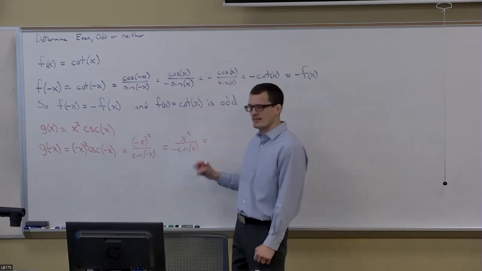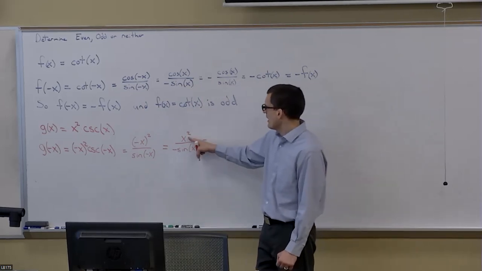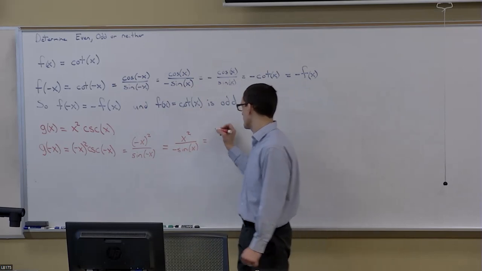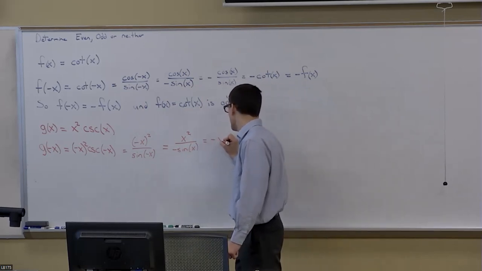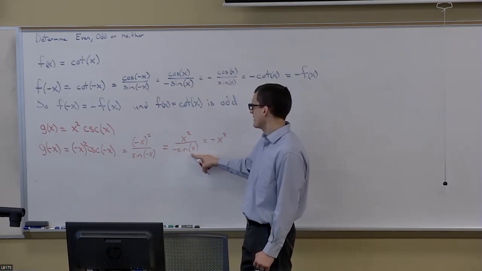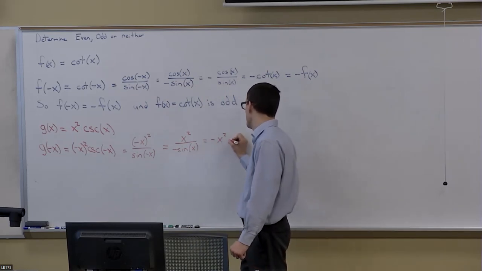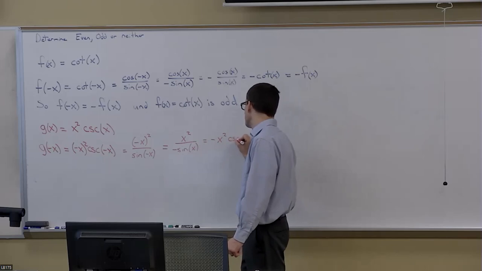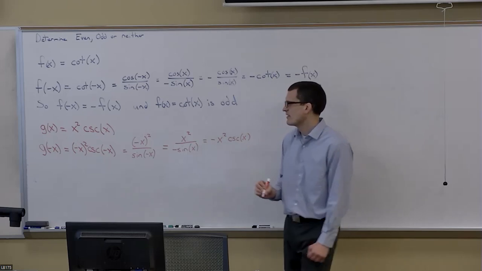I'm going to rewrite this. X squared, I have a negative sign, so I can go to negative x squared, and I'm going to rewrite the sine in the denominator as cosecant of x.